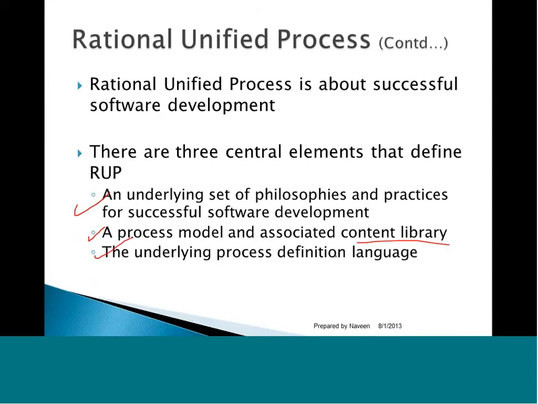And the third one is the underlying process definition language. Every other methodology talks about a process, a set of activities, tasks, deliverables, the type of documents that you should have. But RUP is the only methodology that proposes that a project deliverable should also contain some diagrams. You should have a pictorial representation or depiction.